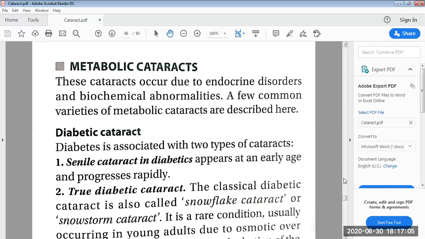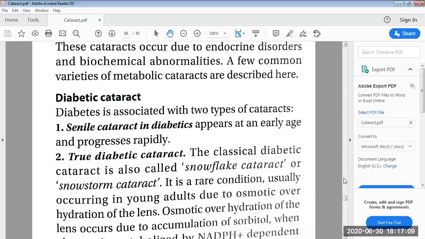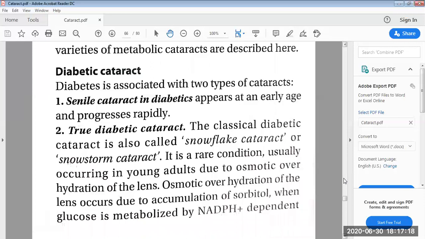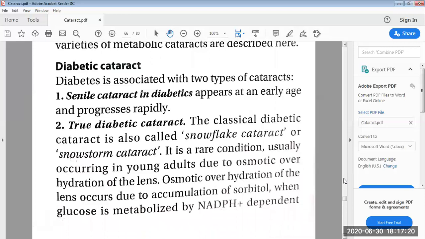First is a diabetic cataract. Diabetes is associated with two types of cataracts, senile cataract in diabetes and the true diabetic cataract. The senile cataract in diabetes appears at an early age and progresses rapidly. The second type of diabetic cataract is the true diabetic cataract.